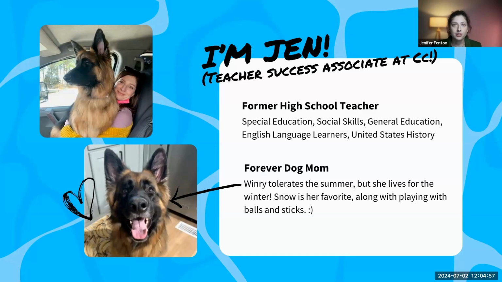I taught social skills. And then for the other half of my time teaching, I was in gen ed. Actually, my original degree is in secondary history education. So I did that for my second half. And a lot of that time, I was still teaching SPED. I was teaching English language learners, all within that gen ed space as well. So I've had a lot of different schedules when I was teaching.